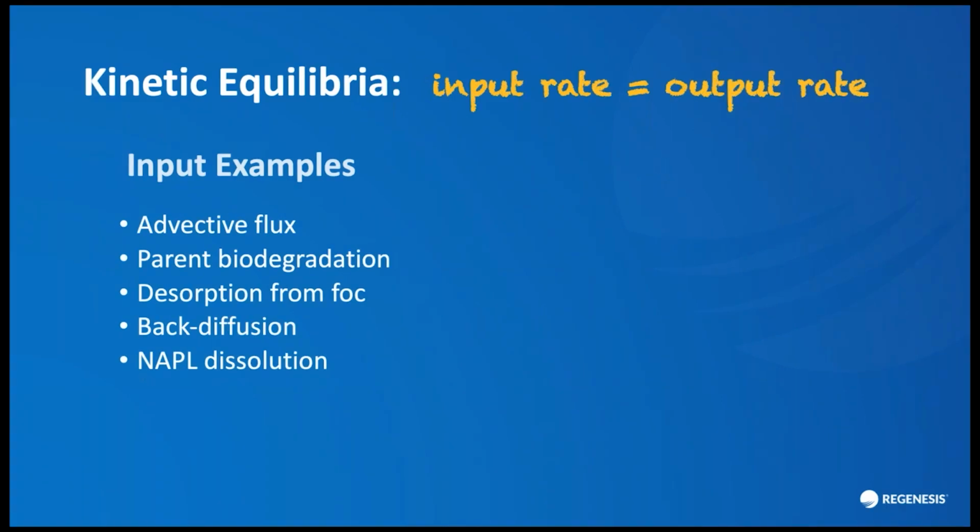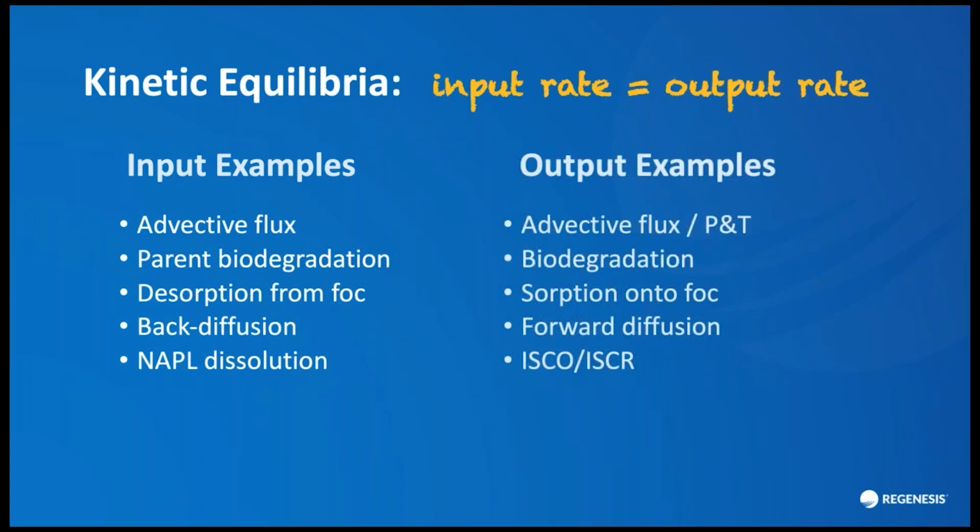They occur when input rate equals output rates, and input examples are the ones I've listed on the left: advective flux, degradation, desorption, back diffusion, NAPL dissolution. And output examples can also be advective flux, maybe pump and treat, biodegradation, sorption onto the FOC, forward diffusion, ISCO, ISCA. There are plenty of examples.